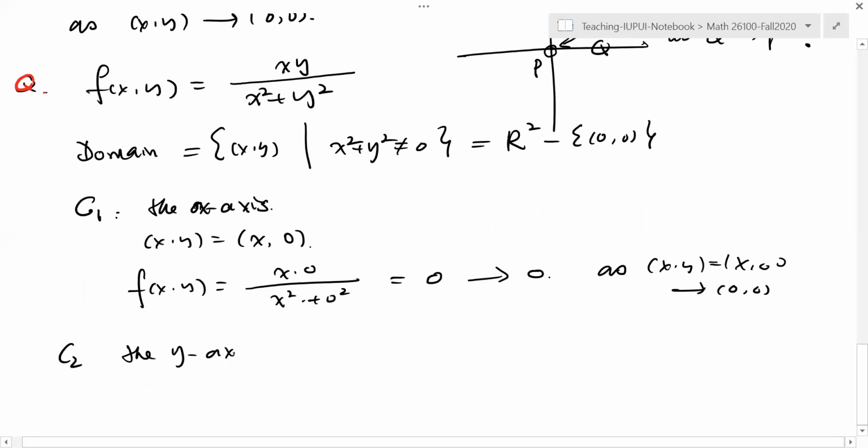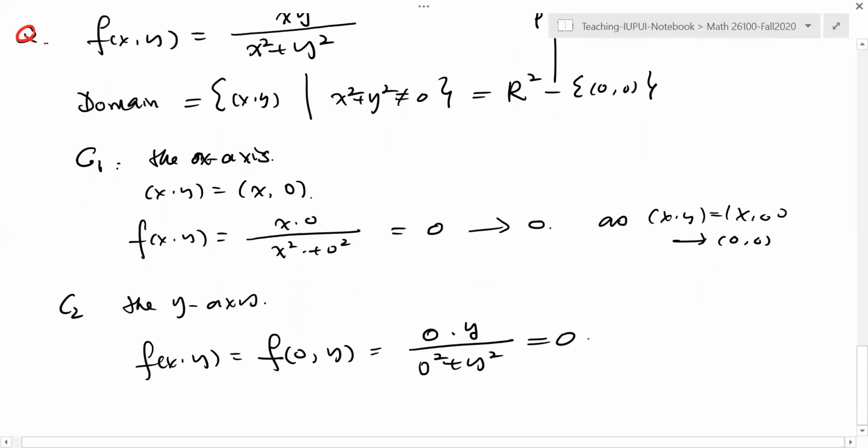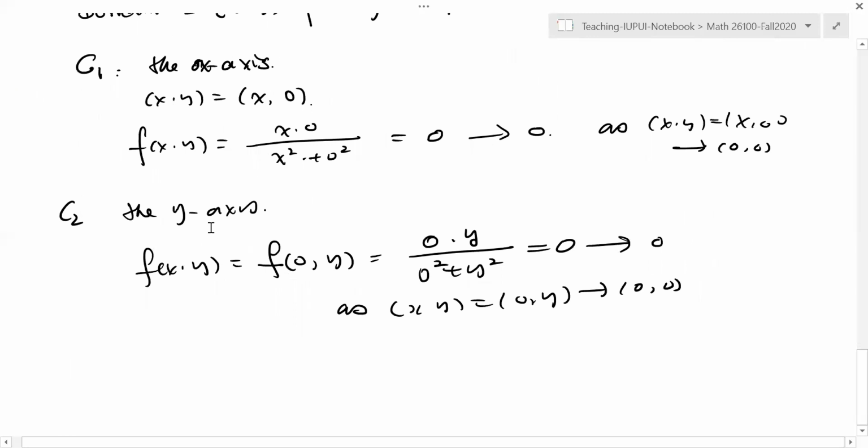Let's try this. In this case, f of x, y, with x equal to 0 and y a variable, is going to be 0 times y over 0 squared plus y squared, which is identically 0. This approaches 0 as x and y approach the origin. So inconclusive at this point.